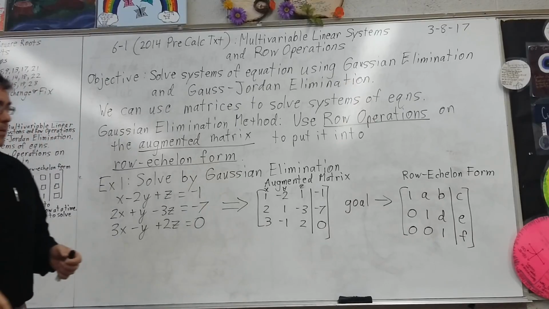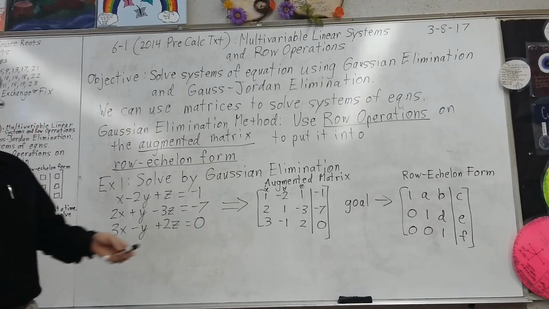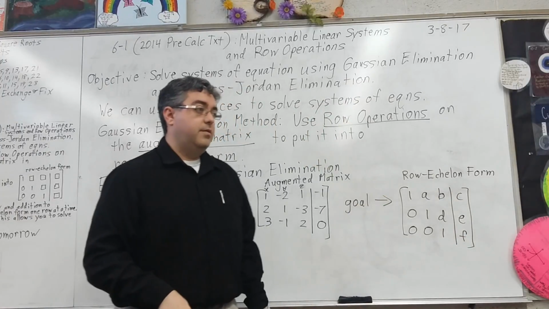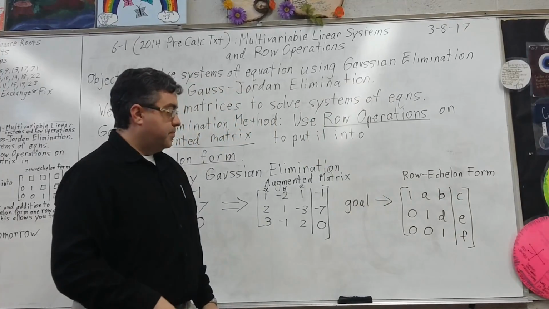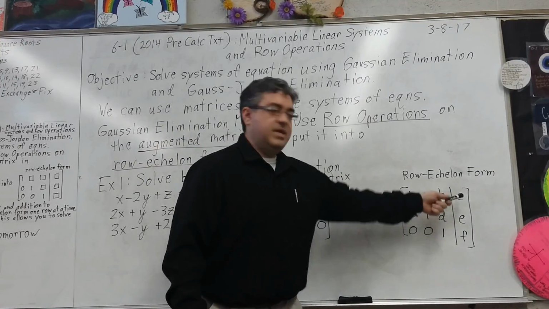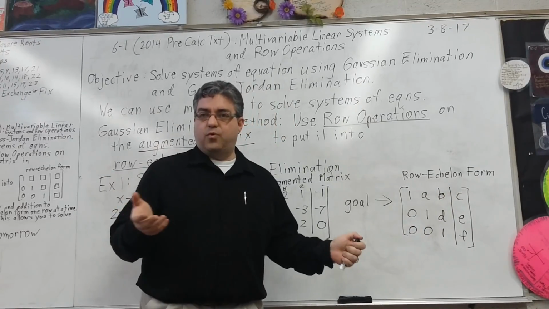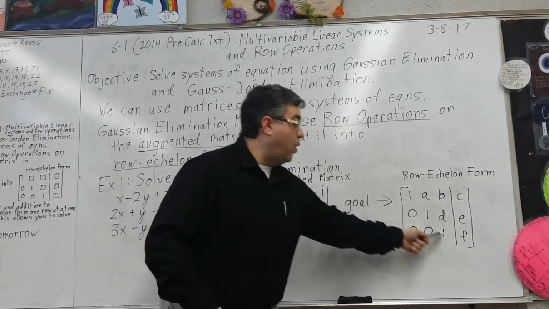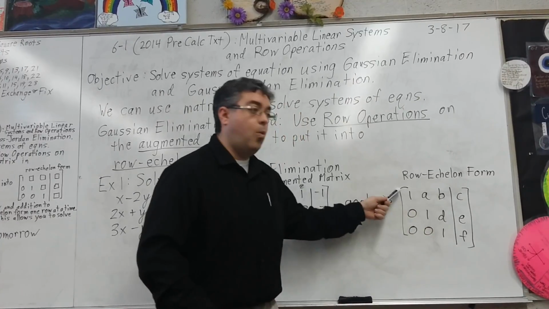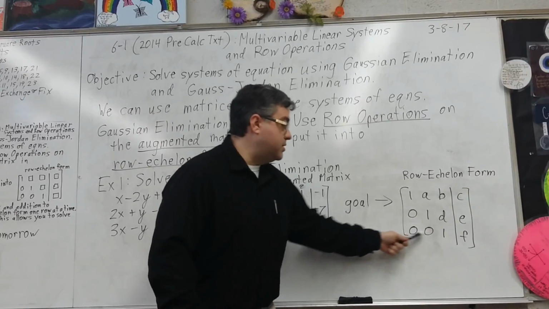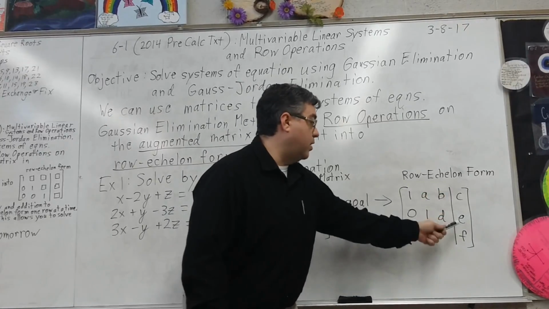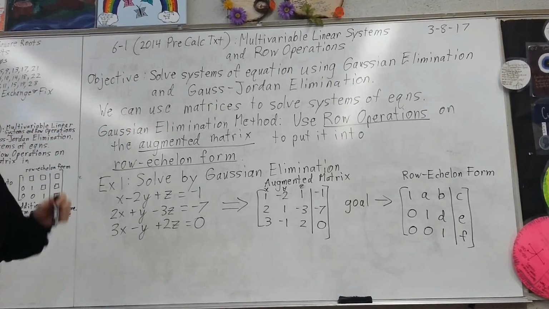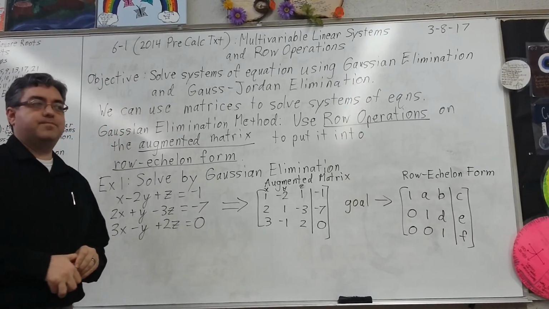A, B, C are just variables for numbers. These are all 1s in the diagonal. And before the ones are all zeros, after the ones are all numbers. And this is what we call row echelon form.